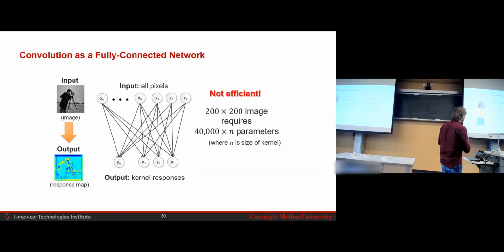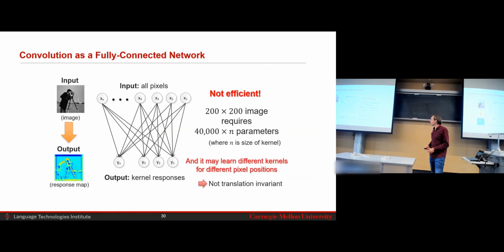So the convolution layer makes two assumptions. The first assumption says that to decide what the value of this output pixel should be, I don't really need the whole image. I only need a local region. This output here is really just based on this. These pixels have nothing to tell me about this output here.